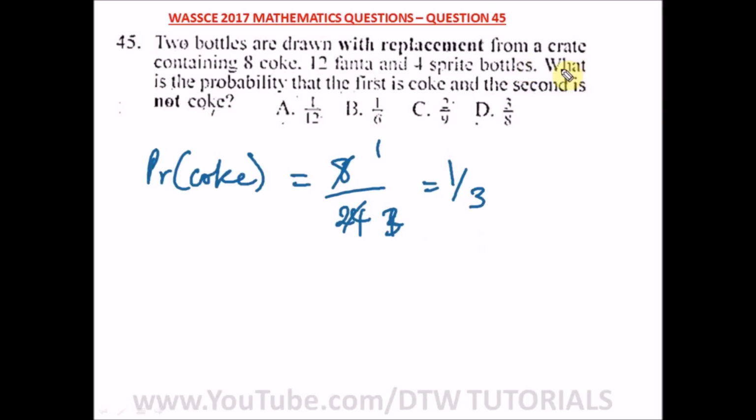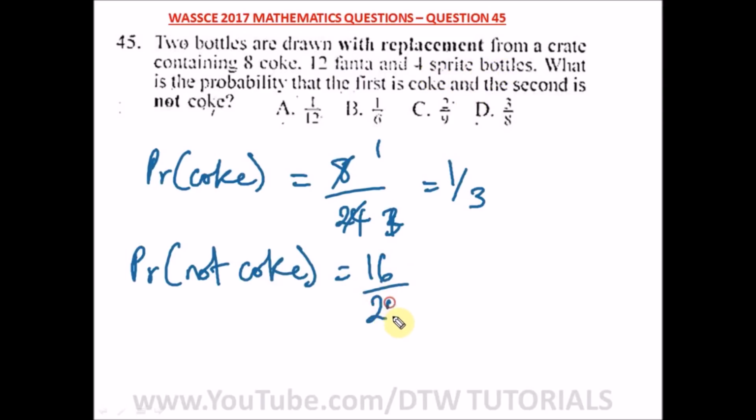And they say what's the probability that the first is Coke and the second is not Coke? So the second not being Coke, remember, it's with replacement. So not Coke is 12 Fanta and 4 Sprite, which is 16 over the total number, 24.